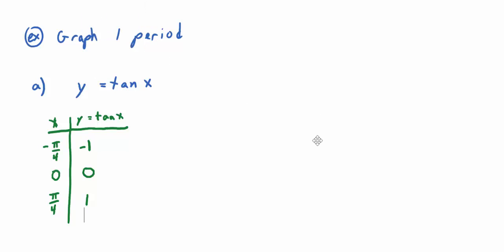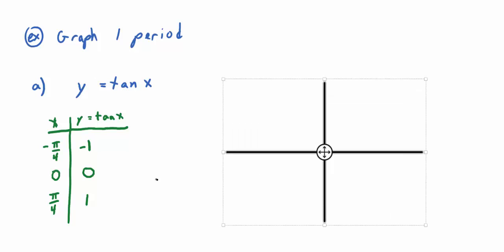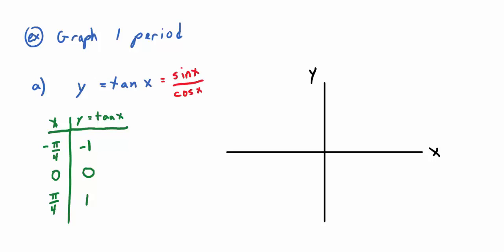So let me get an axes here. Here we go. X, Y as usual. Do you guys remember what the tangent is in terms of sine and cosine? It's sine over cosine. So you can write it as a non-trivial fraction.